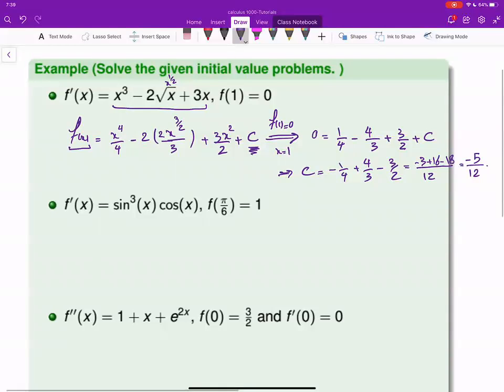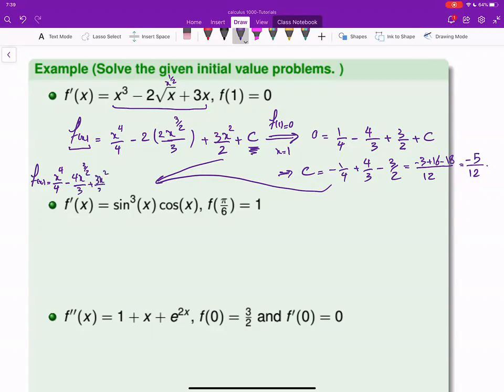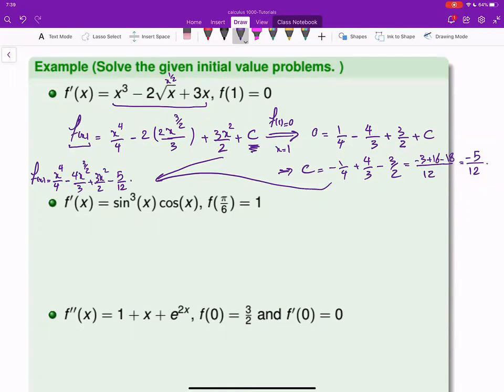Let me just write that here. The function is x to the power 4 over 4 minus 4x to the power 3 over 2 over 3 plus 3x squared over 2, and c is what we found, negative 5 over 12. So we used the initial value to find the unknown constant c.